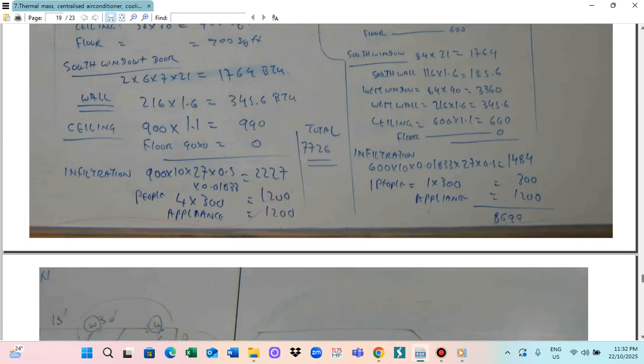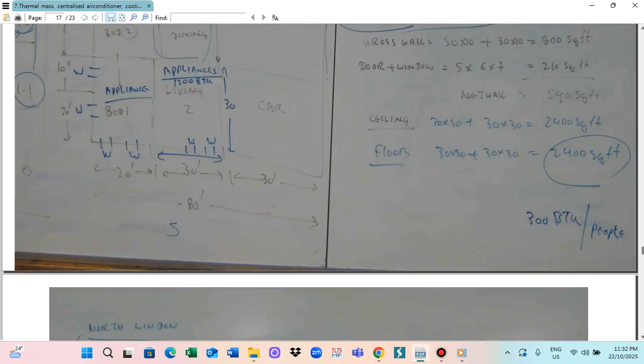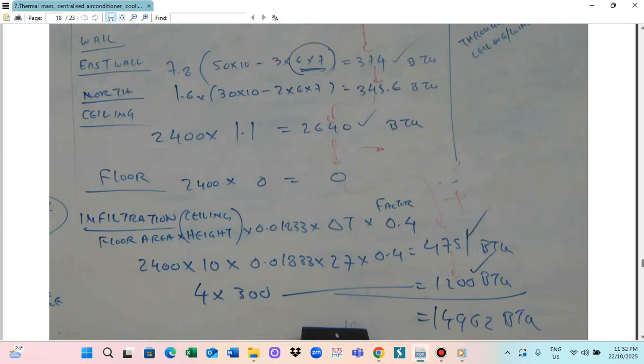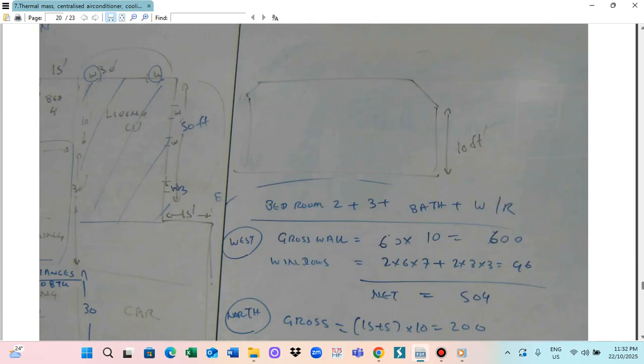North wall means ground. So ground wall area you can calculate this is a 15 plus 5, because we don't calculate barrel, only barrel 2, 3 and barrel and WC, at this area. So 15 plus 5 is a 20. 15 plus 5 multiply 10. So this is 200 and this is window.